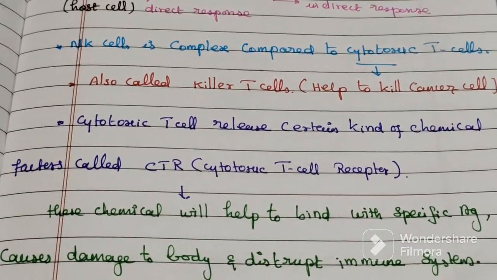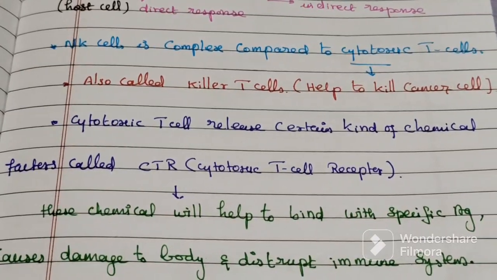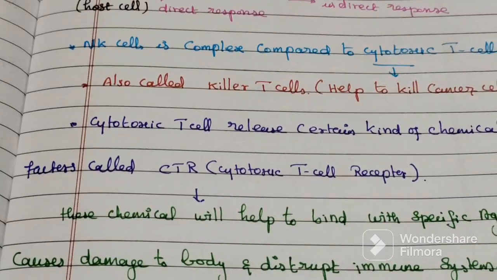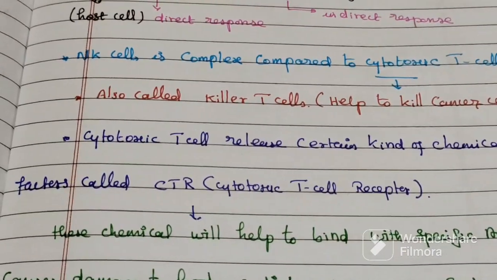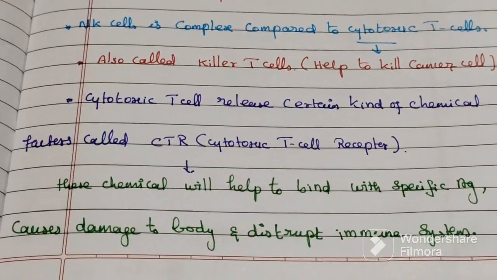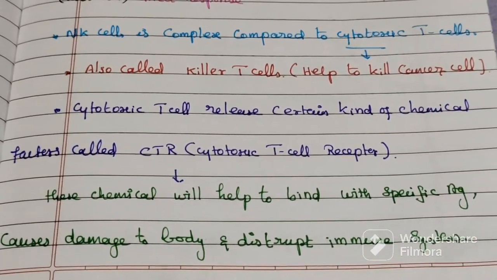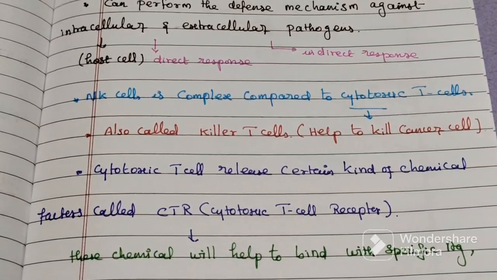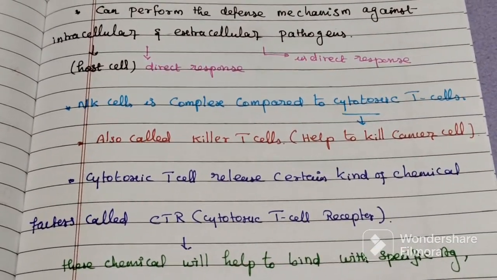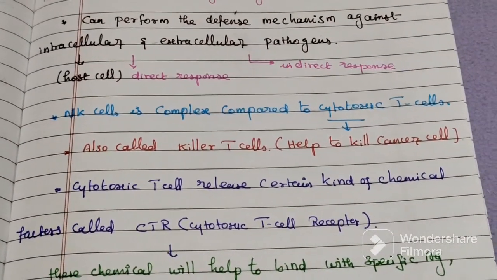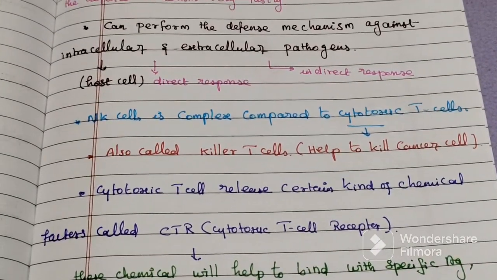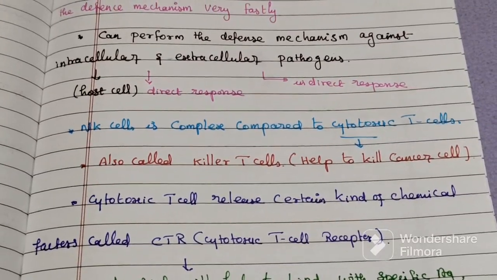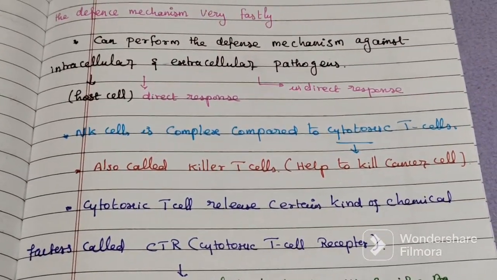NK cells are complex compared to cytotoxic T cells, which are also called killer T cells. In the case of cytotoxic T cells, they recognize the specific kind of antigens which enter our body with the help of a chemical factor called CTR, the cytotoxic T cell receptor.